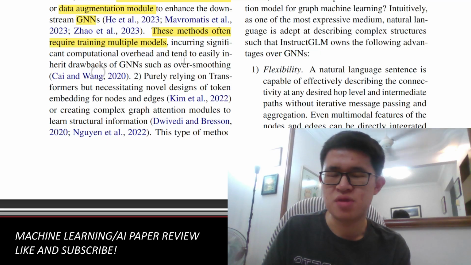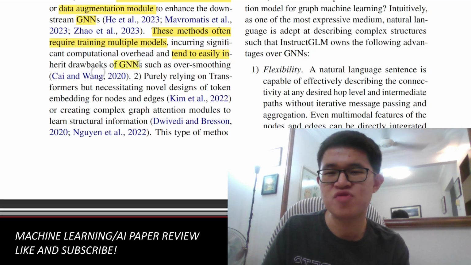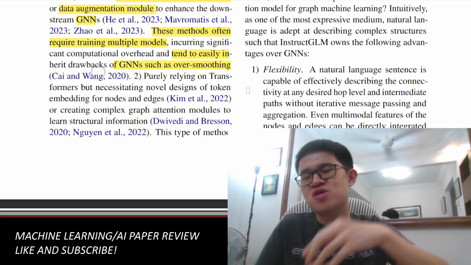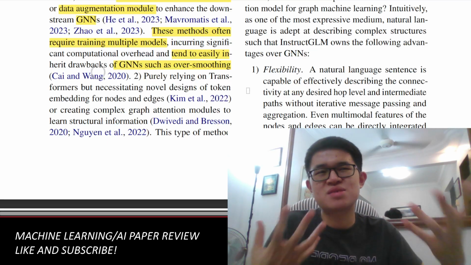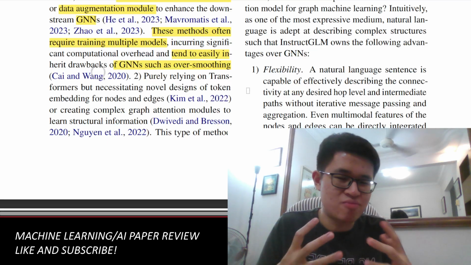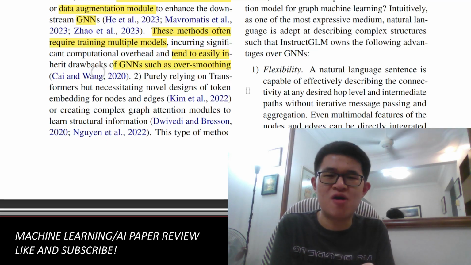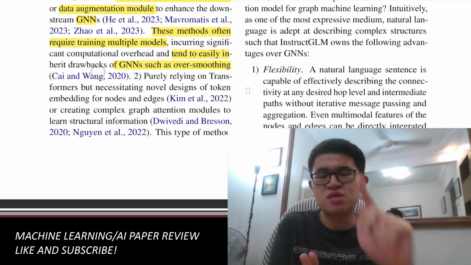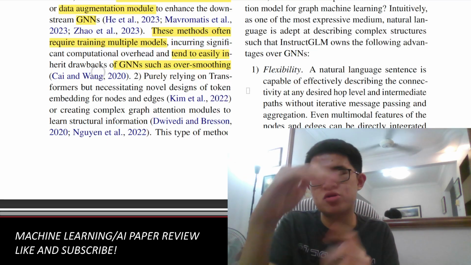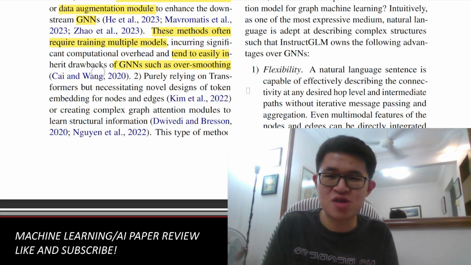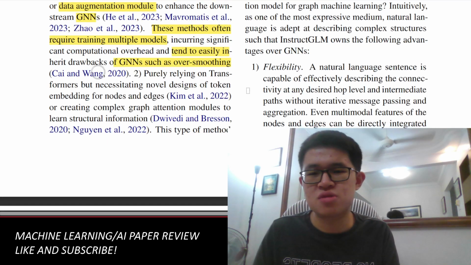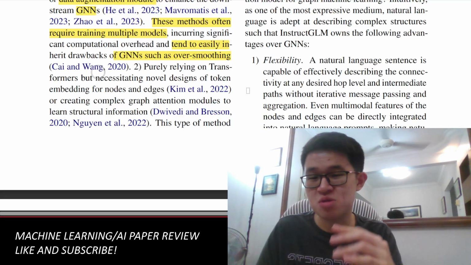So yeah, another thing that they point out is that just the use of GNNs in this case actually limits the prediction accuracy in some way, because GNNs and their message passing mechanism are well known for a problem called over-smoothing, where over iterations of neighboring interaction, all nodes essentially converge into the same representation, which absolutely destroys the prediction accuracy of the entire thing. So that's something that we want to avoid.